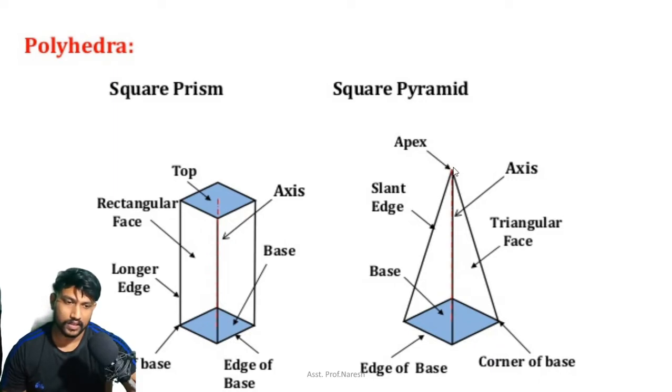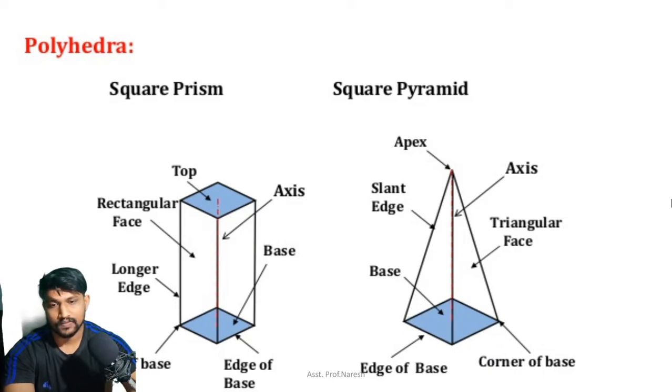This particular point is known as the apex, and these edges are slant edges, of course, and these are faces, and this is the axis. The line passing from the apex to the center of the lamina of the base is known as the axis, and these are the edges here.